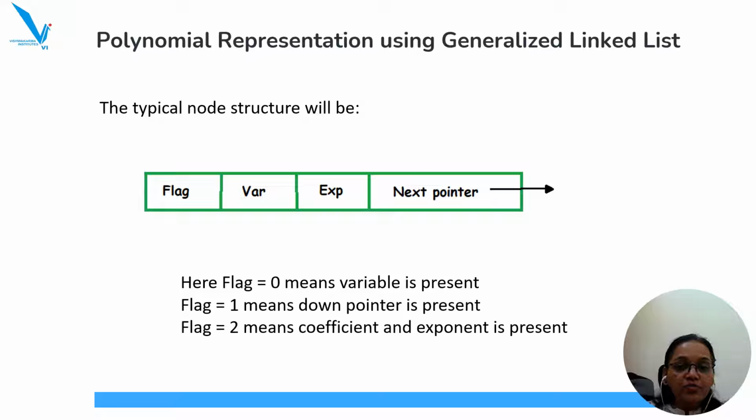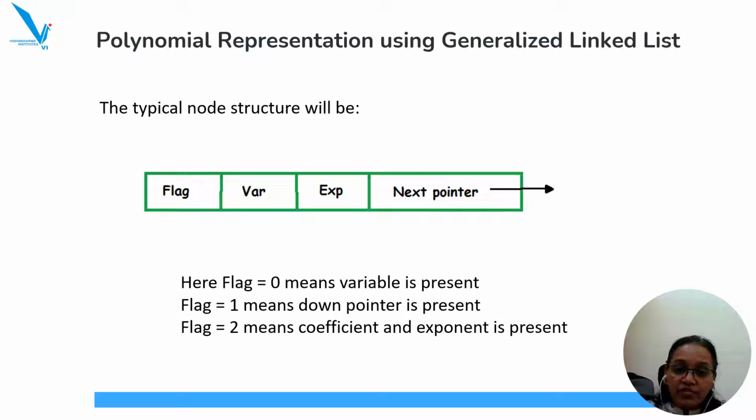Flag equal to 1 means the down pointer is present. Flag equal to 2 means coefficient and exponent are present for the variable. I repeat again: flag 0 means variable is present, flag 1 means down pointer is present.